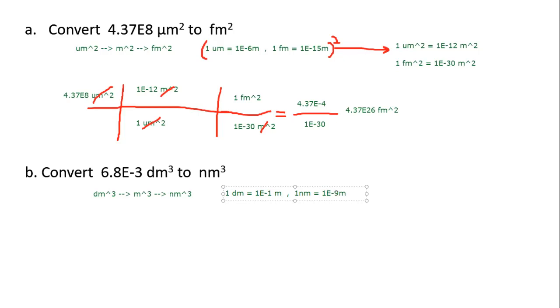So just like we did with the squared, we're going to have to cube each one. So again, when you cube, you multiply the exponent by 3. So we get 1 decimeter cubed and 1 nanometer cubed.